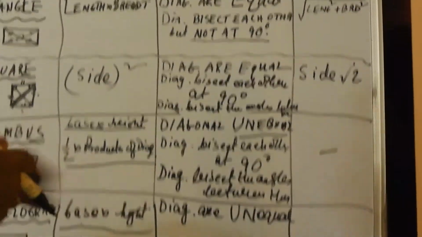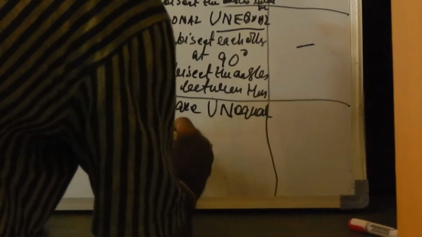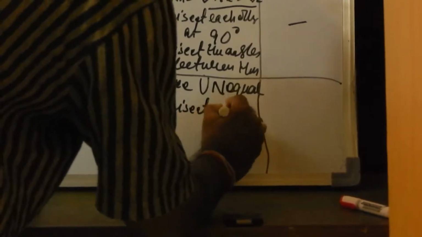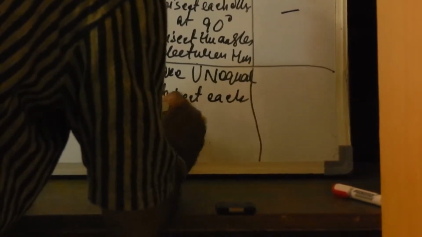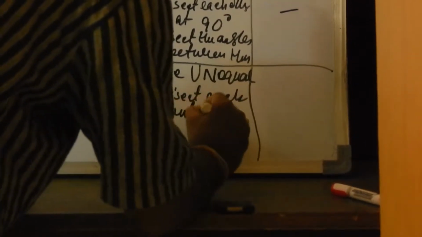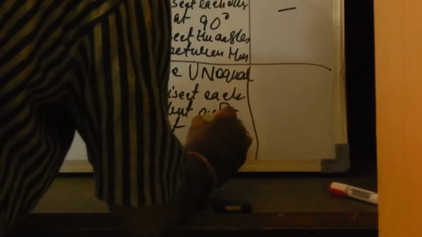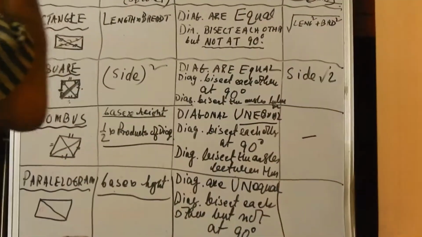Again it is repeating here. The diagonals bisect each other but not at 90 degrees. So here lies the difference between the rectangle and the parallelogram.